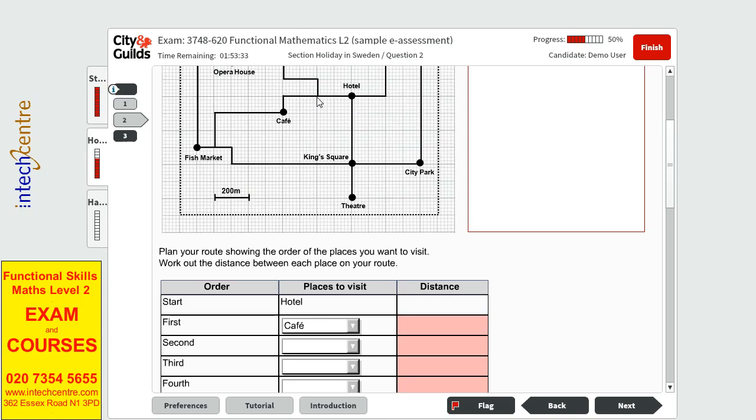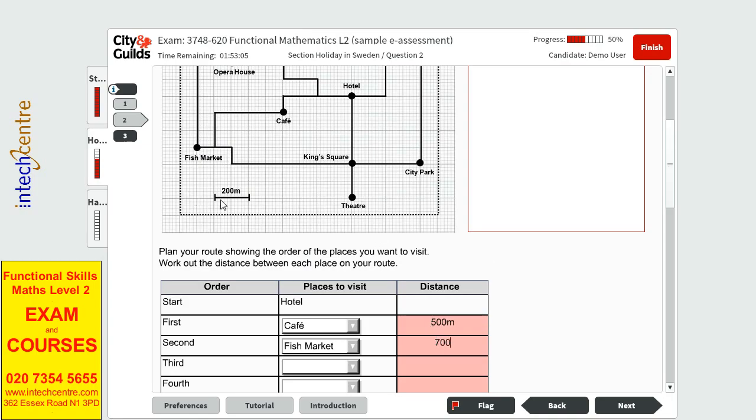So we have 200, 400, 500 meters. Don't forget to put the units of measure if they don't come up next to the distance. Second one, we have from the cafe to fish market. We have 200, 400, 600, 700 meters.